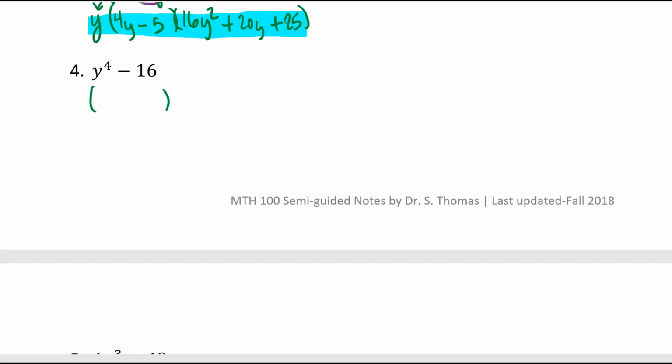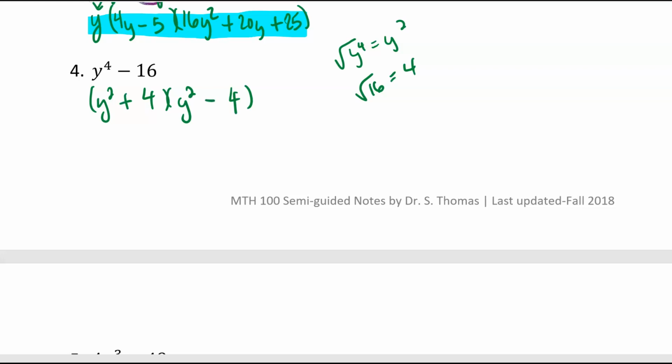So we will put two sets of binomials here. Then the square root of y to the 4th would be y squared, and the square root of 16 is 4. So y squared here, 4 here, and 4 here. But the signs will be different.